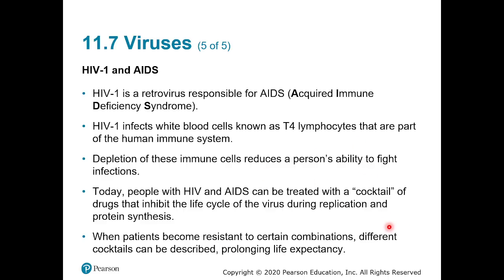Now, patients can become resistant to certain combinations of these cocktails. And so over a lifespan, you can modify that cocktail to replace it with different drugs that will also prevent that part of it. Okay? And so this can prolong people's life expectancy.